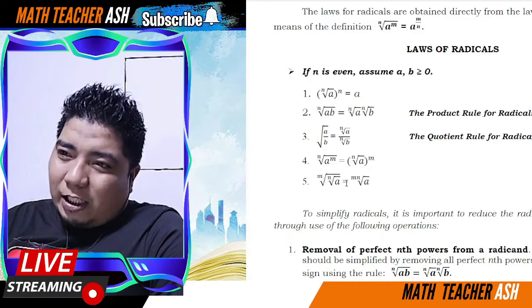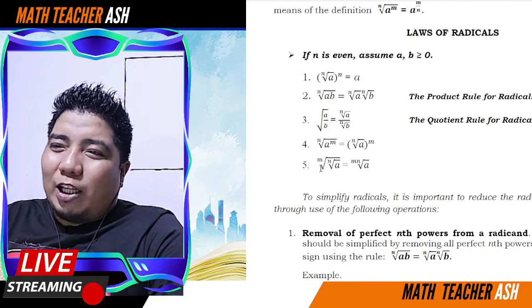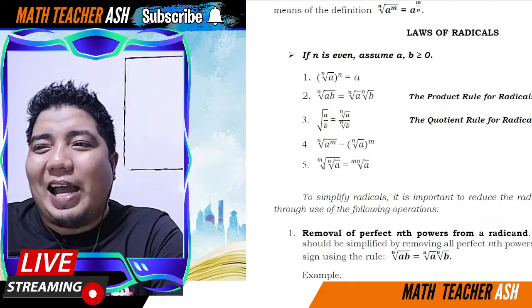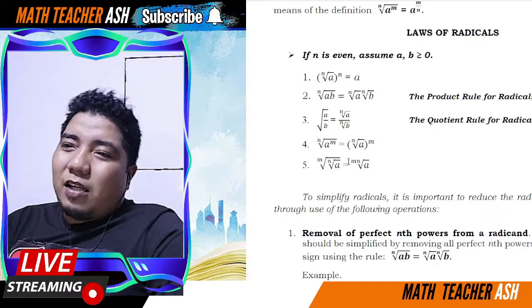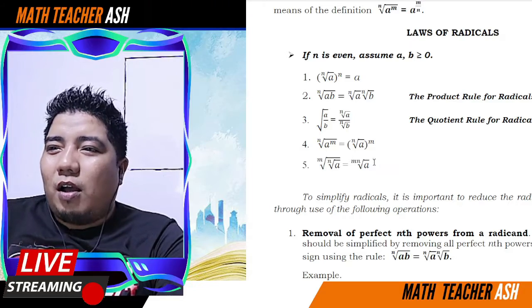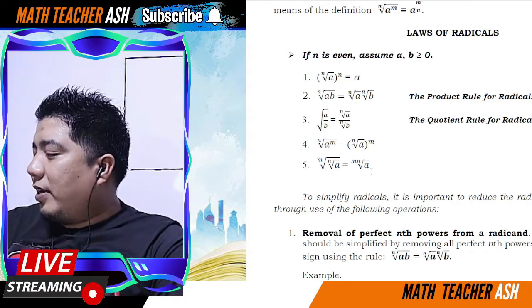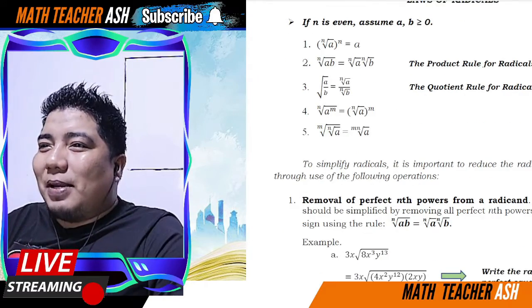So, technically speaking, pag magkaroon kayo ng encounter na ganito na si radical ay ni radical pa, ang gagawin mo lang is just to multiply the indices. So, mn, and you will have your simplified expression. Okay, so napakadali lang, my dear math learners.